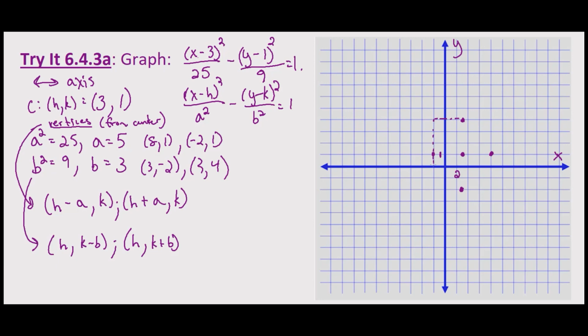It's going to look a little different than what you would expect because of the scale difference. Remember, in the x direction, it's technically twice as long as what it looks.